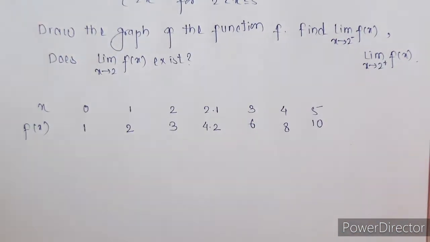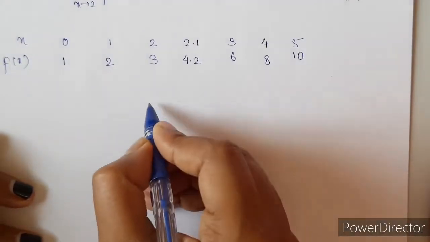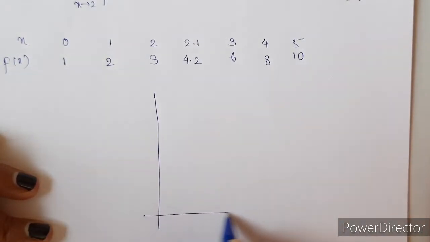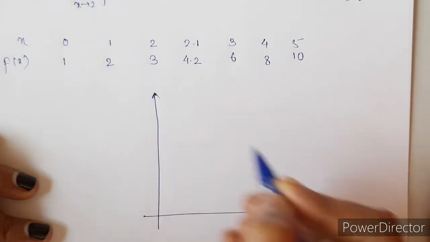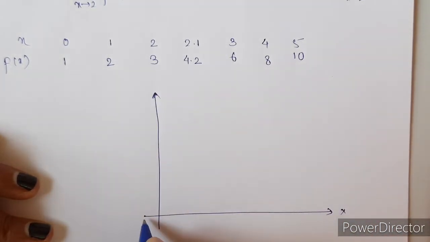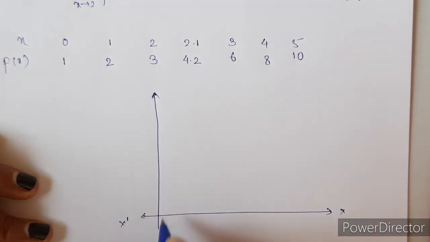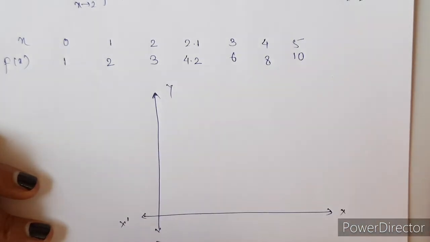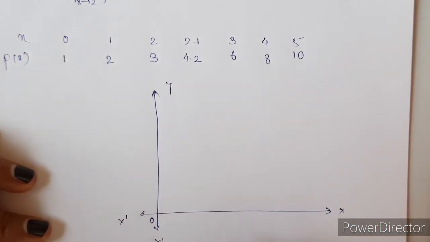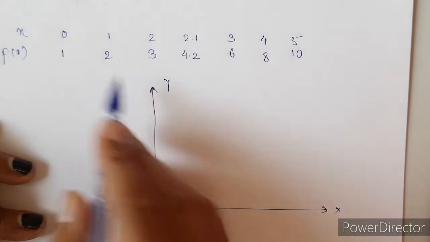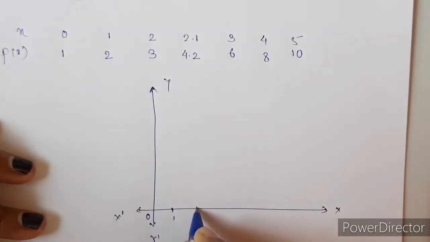Now we have to draw a graph. So this is our x-axis, negative x-axis, y-axis, negative y-axis. This is our origin. We have 1, 2, 3, 4 and 5.